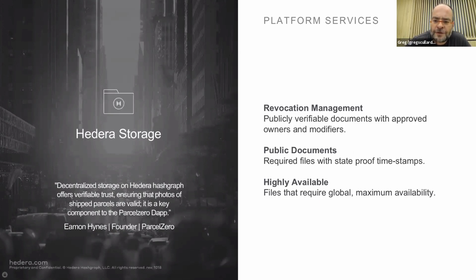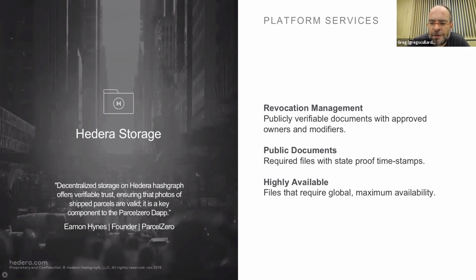And finally, on the services, the file storage allows you to reliably store files on the Hedera Hashgraph ledger. Write access control lists can be used to manage files, create complex voting rules, and more. Public files can be verified with state proofs, and the files stored on the Hedera Hashgraph are highly available, with the benefits of asynchronous Byzantine fault tolerance.